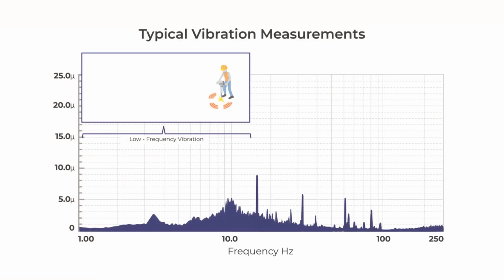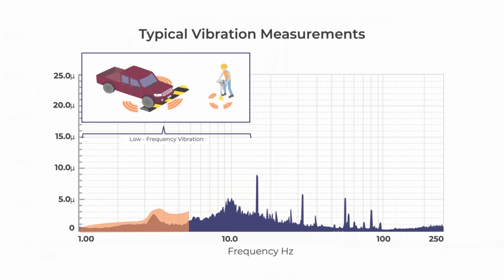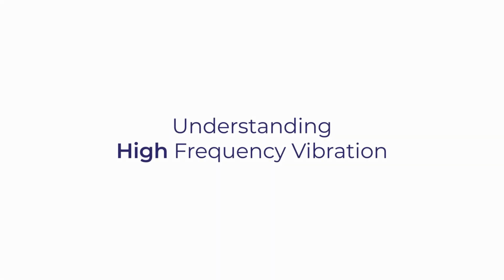Whenever there's an impulse, say construction or a truck driving over a speed bump, that impulse excites the soil or structural resonance and causes the vibration that correlates with that resonance to elevate, which is problematic for sensitive instruments.